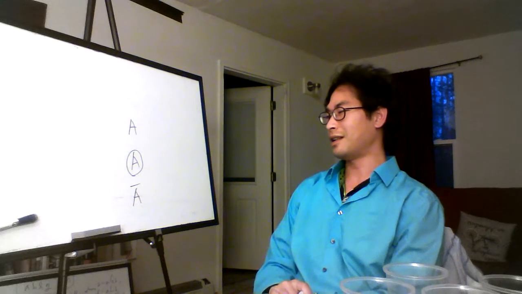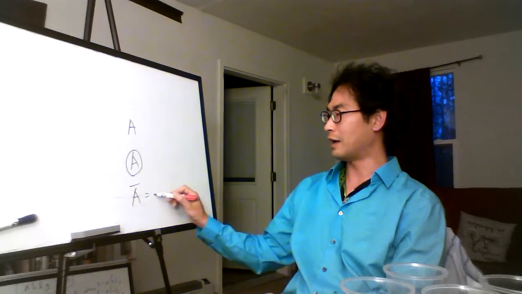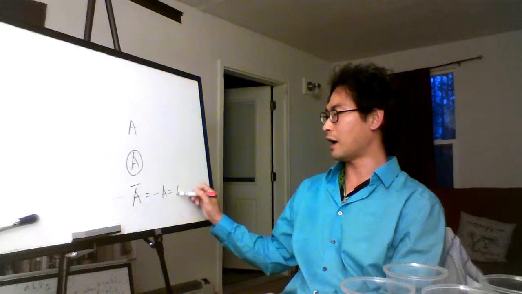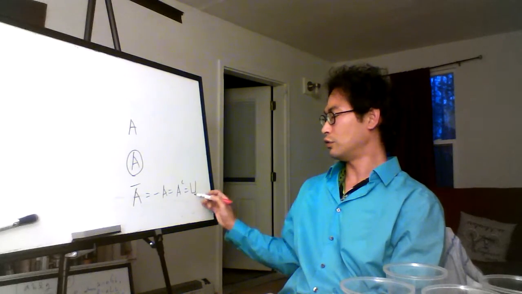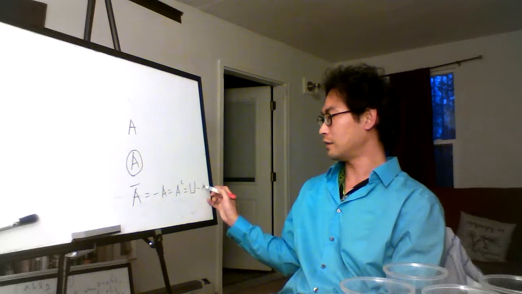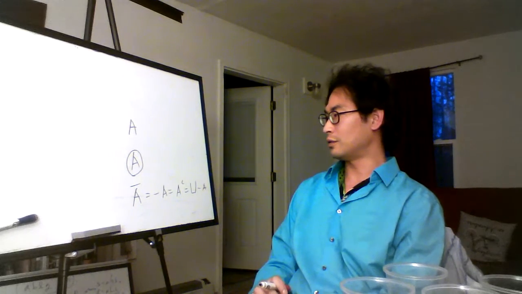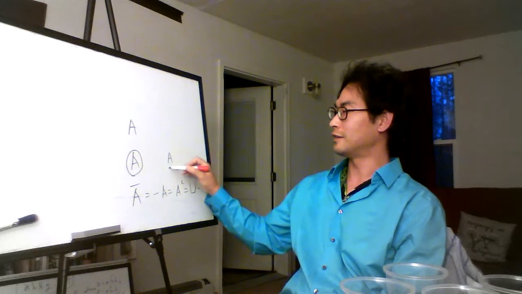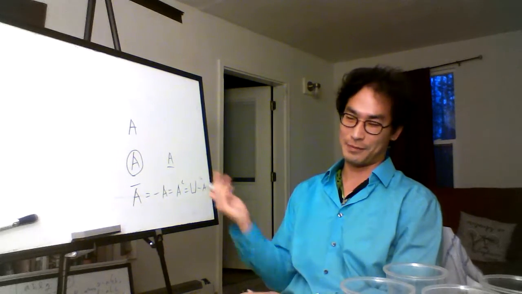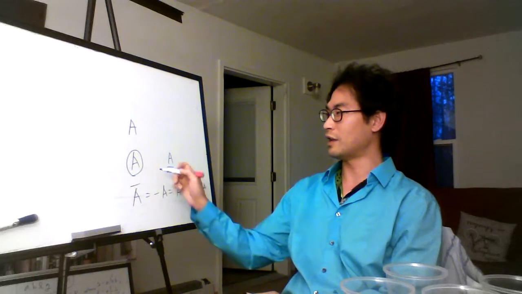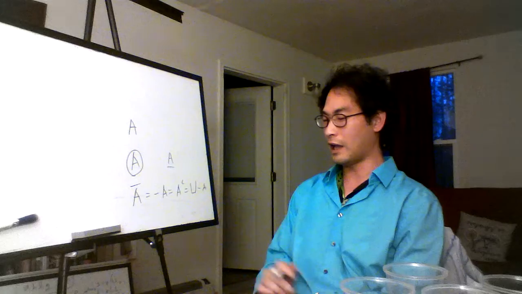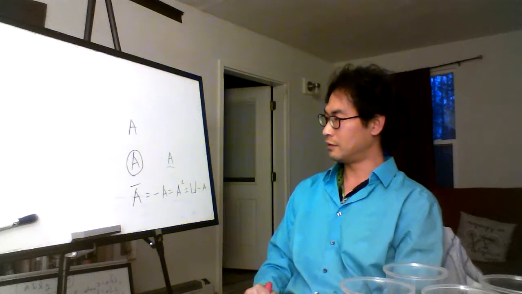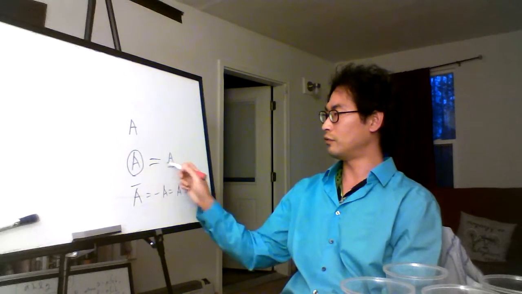No, A bar is like the complement, equal to the universal set minus A, so A bar is not good. How about A underlined? Maybe we'll do that because it's easier than circling. Multi-set, A underlined. All right, we'll do that.